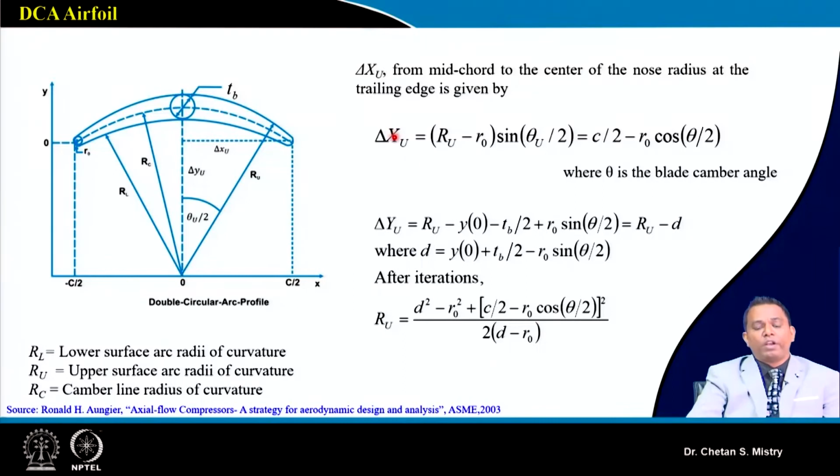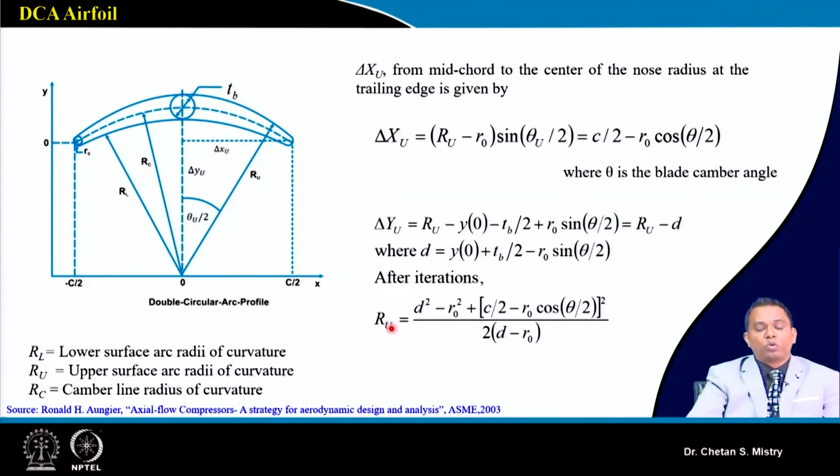So my coordinates delta x, we can calculate based on a trigonometric rule. Delta y for the upper surface can also be calculated based on trigonometry. Now this theta is nothing but my camber angle.